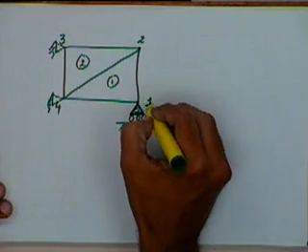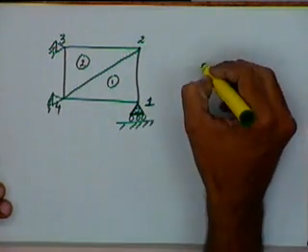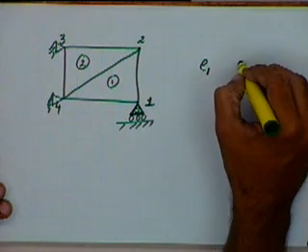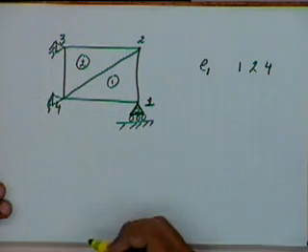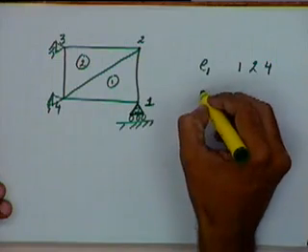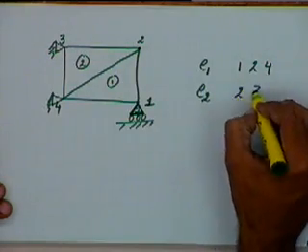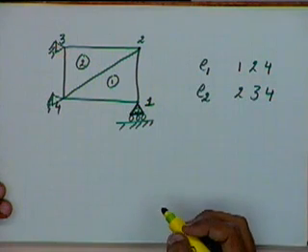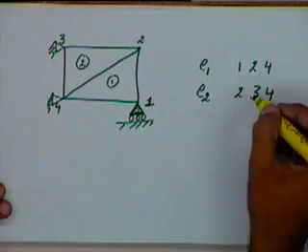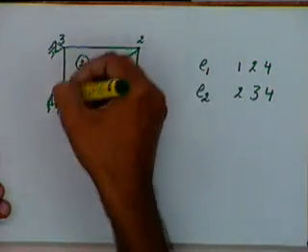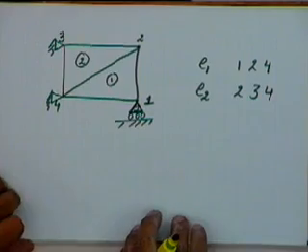So this is my node number 1. So my element 1 is defined between nodes 1, 2 and 4, and element 2 is defined between nodes 2, 3 and 4. Or I can take any sequence 2, 3, 4 or 3, 4, 2, that does not make a difference.